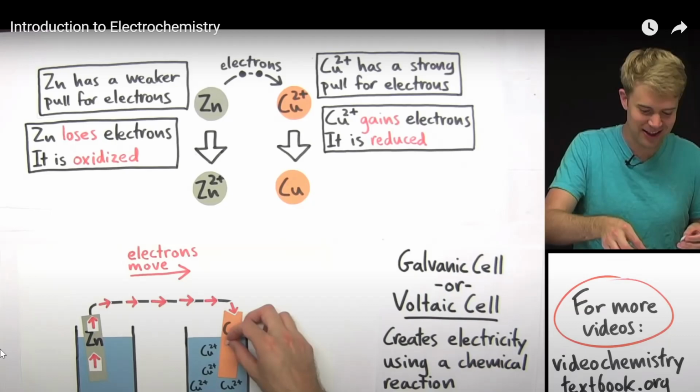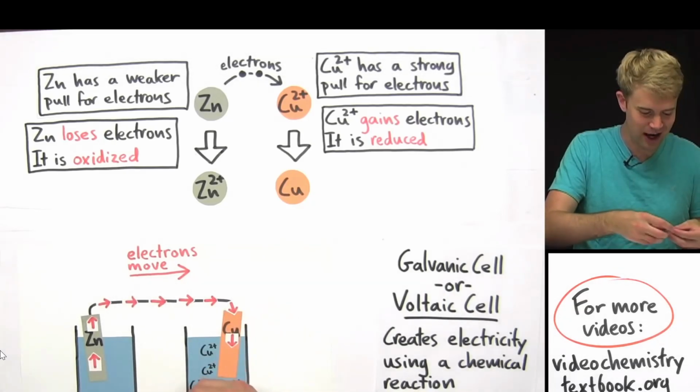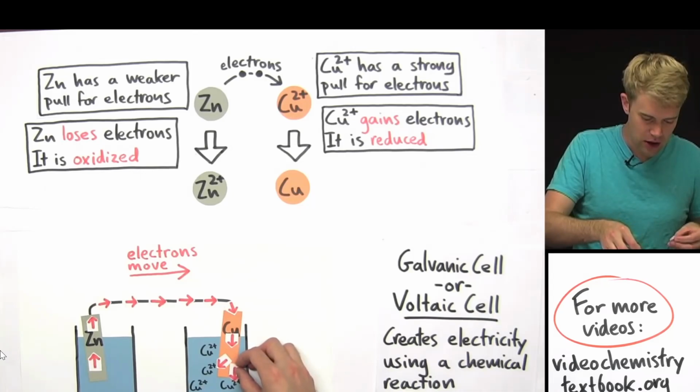Once the electrons have left, what's being left behind over in this beaker? Zn2+, and where would it go? Out into the water. So what's going to happen to the mass of this electrode? It's going to decrease. Yep. The electrons go into this piece of copper, and then they move here, wanting to get to the Cu2+.